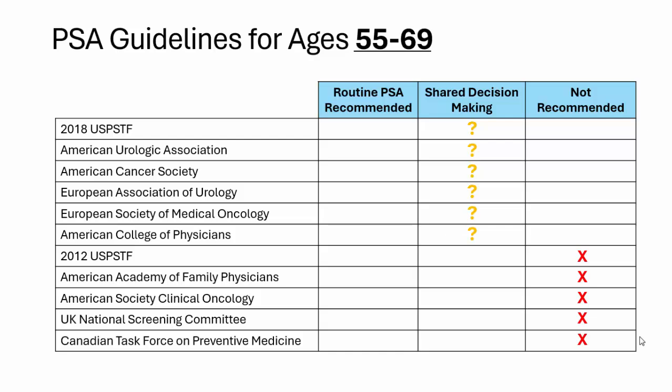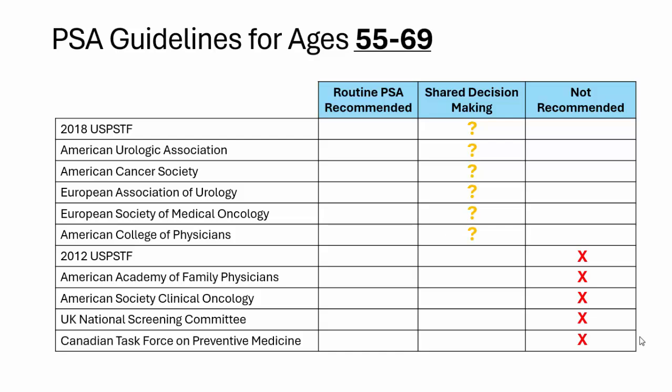So we have: routine PSA is recommended; PSA is recommended only with shared decision making if the patient decides to do it; or PSA is actively discouraged. And the first thing you'll notice with this table is that there are no check marks in the yes grouping. None of the guidelines recommend just routinely doing PSA.